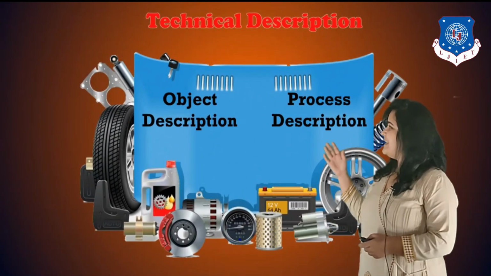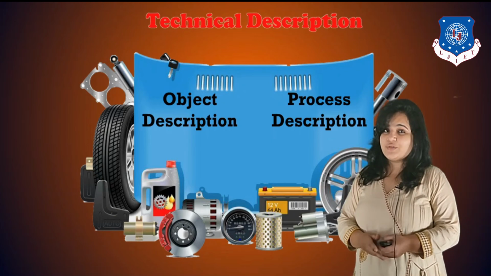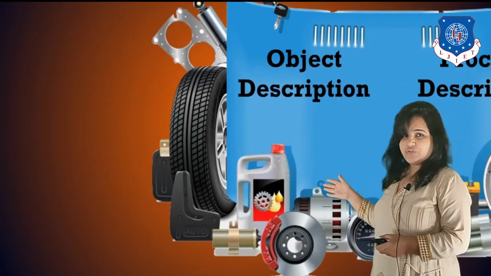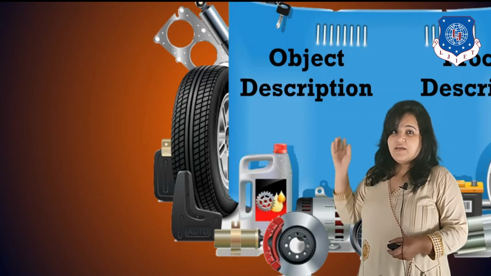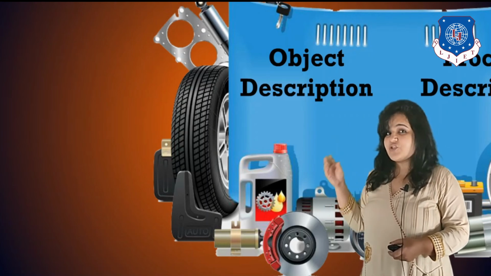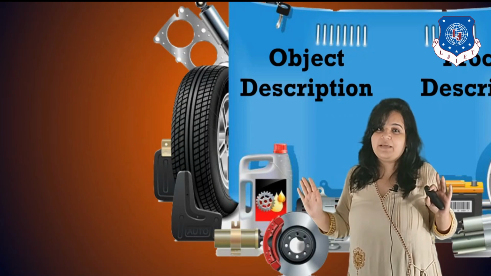Let us move further and see that technical descriptions are of two types, as I already told you. Object descriptions, the description about some technical objects, which can be spare parts, which can be an entire object, which can be the human body, which can be anything.